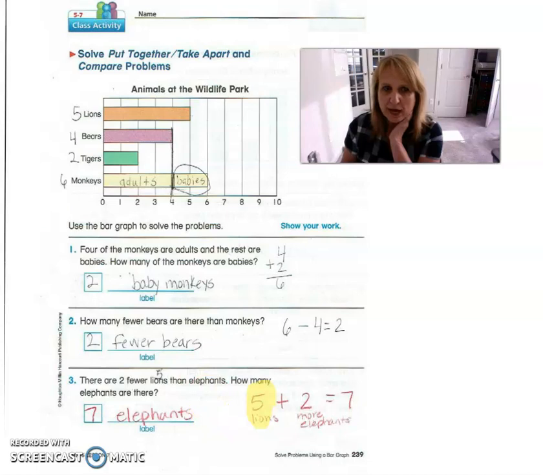So do you remember how we have turned that around and said if there are 2 fewer lions, then there must be 2 more elephants, right? So then we take our 5 lions, we add them to 2 elephants, and how many elephants are there altogether? 7. Okay, so check and make sure that you got that answer also.